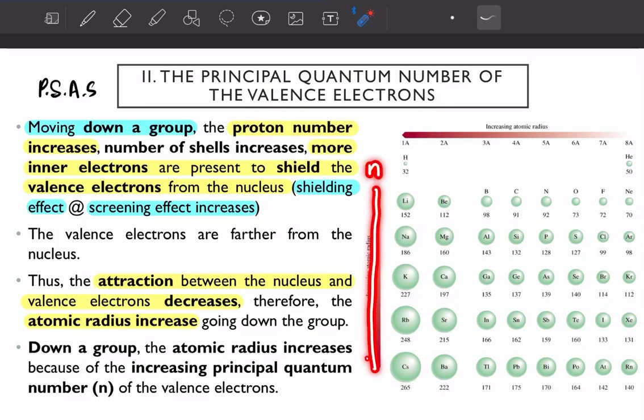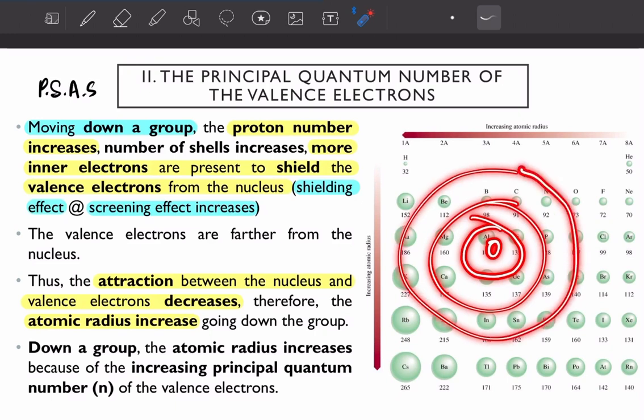That means makin lama makin banyak shell. The more inner electrons are present to shield the valence electron yang kat luar ni from the nucleus. So therefore the shielding effect or screening effect increases.